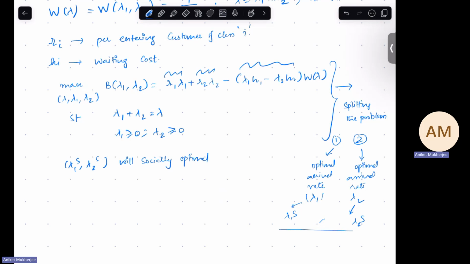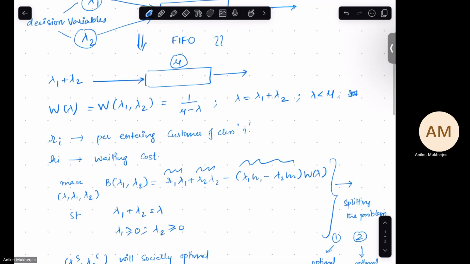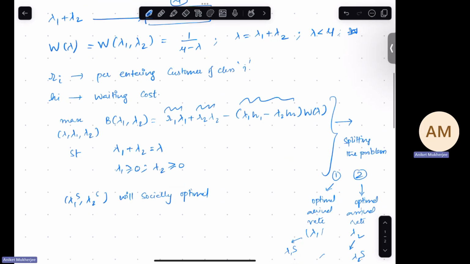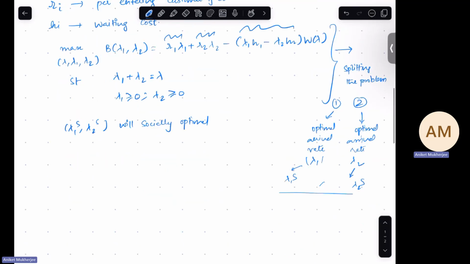If potential customers of class i arrive according to a process with mean rate capital Lambda i, which is greater than or equal to mu, then you allocate lambda is by Lambda i.